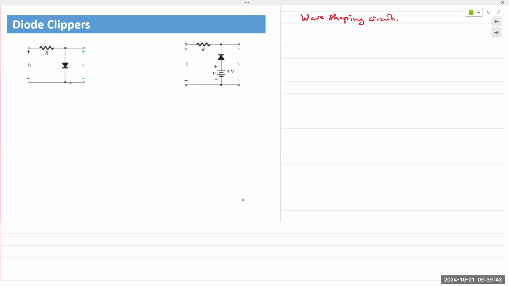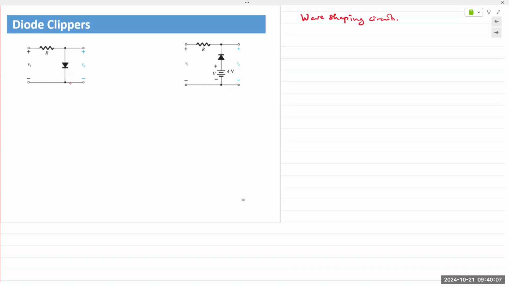So we already saw in a rectifier circuit, specifically the half-wave rectifier, where one half cycle is cut off and only one half of the input waveform is transferred to the output. That kind of clipping from the input to the output is known as a clipper circuit.